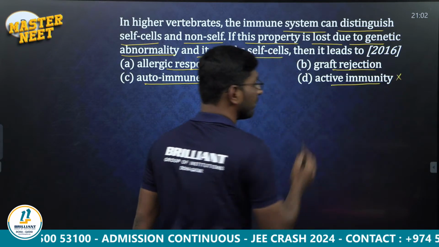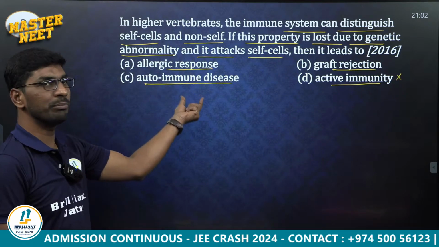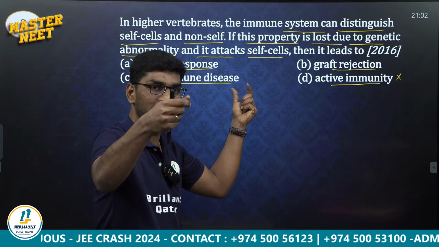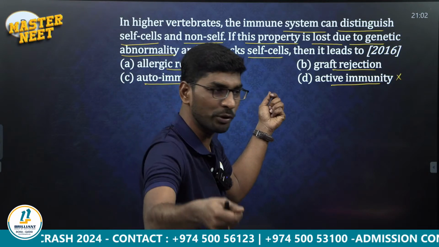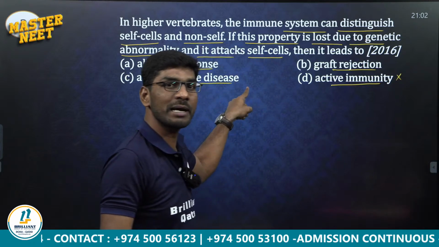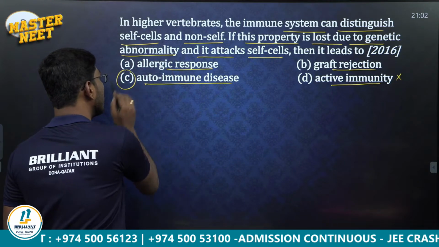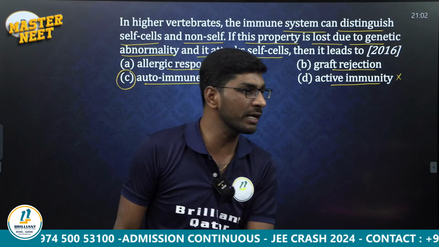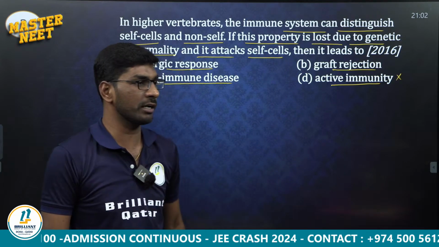Active immunity is given. You know this one? Autoimmune diseases. There are two types of autoimmune diseases, right? One is called primary autoimmune diseases, the other secondary autoimmune diseases. Tell me, what is the example of this one? Primary autoimmune diseases example, what is given in NCERT? Rheumatoid arthritis is given in NCERT. You got my point?